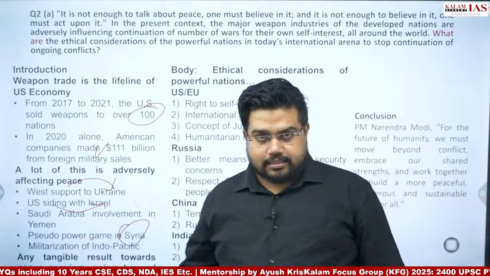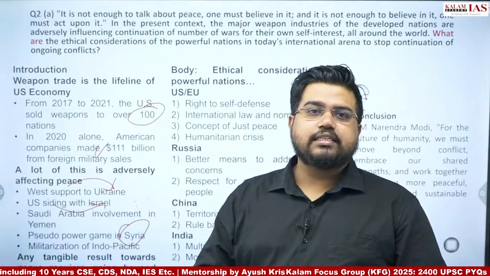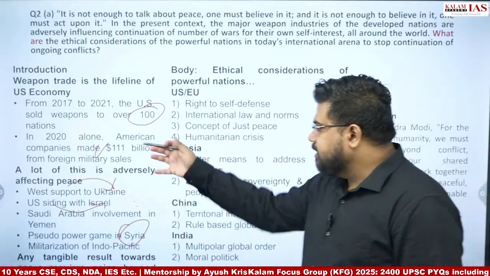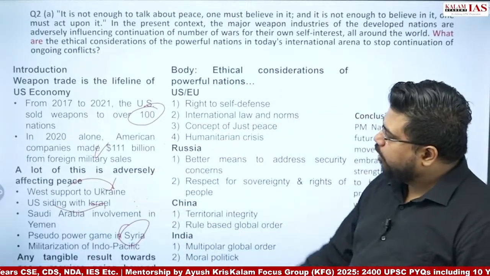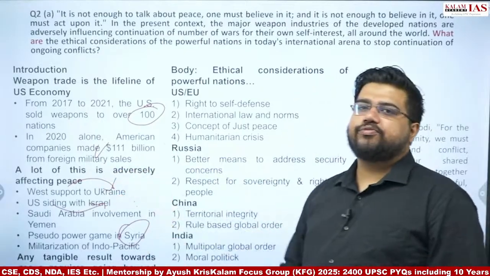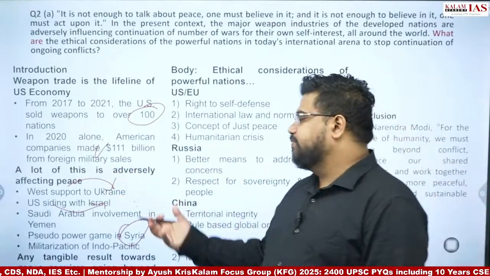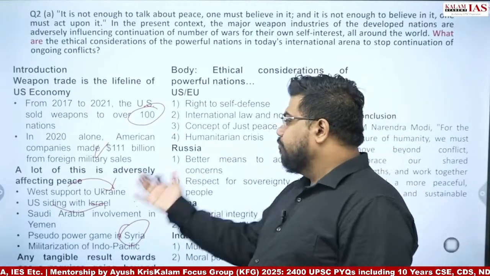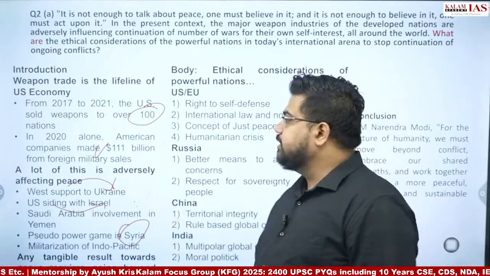Quad is an outcome of this, and AUKUS is a direct outcome of this. So these are different aspects of how the interests of Western nations, coming from the arms trade and this industry, are influencing or fueling wars in other parts of the world.